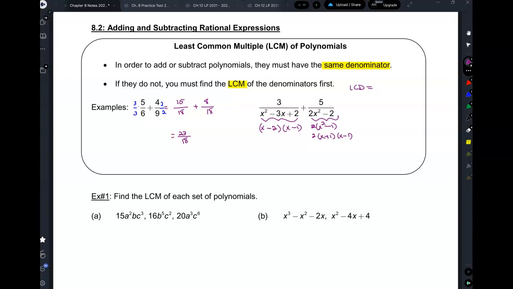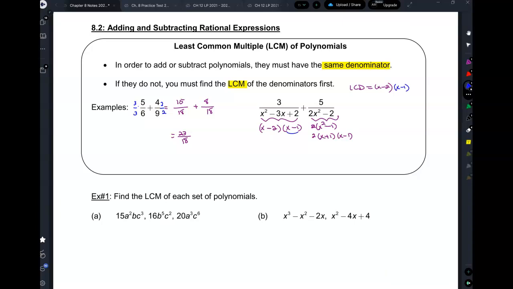In order for you to pick the LCD, it has to be representative of everything here. So basically, you have to have samples of everything that you have here. In other words, you have an x minus 2, that goes into your LCD. Now look, you have an x minus 1, that also goes into your LCD.